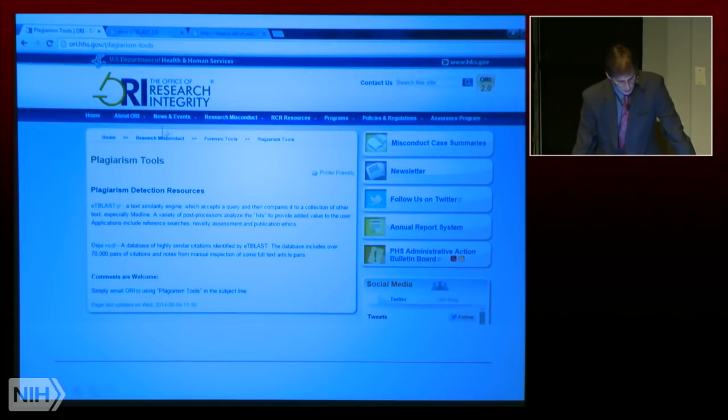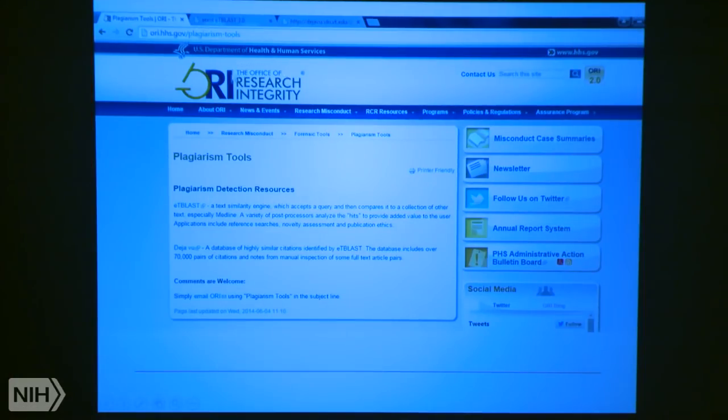So there are plagiarism tools. This is on the ORI website, ori.hhs.gov, plagiarism tools. You can go on to this website and look. Deja Vu is one of these, and includes a database of over 70,000 pairs of citation and notes.